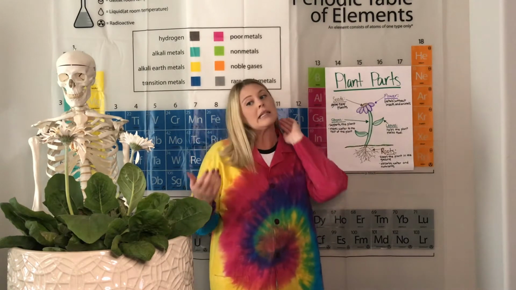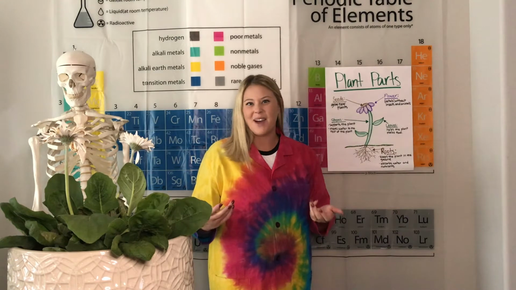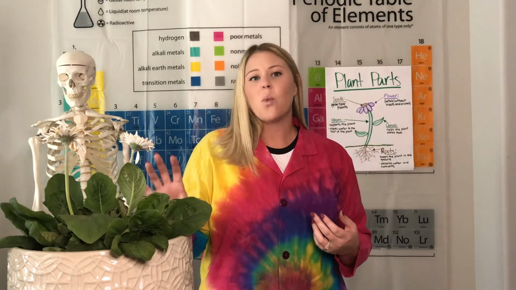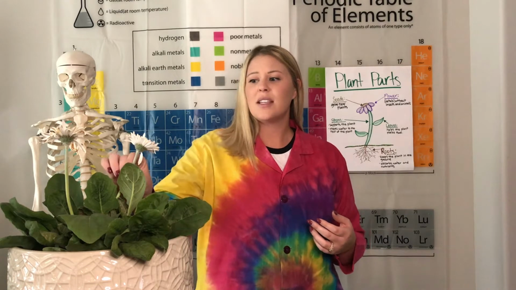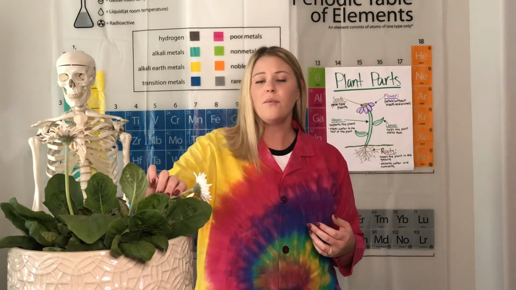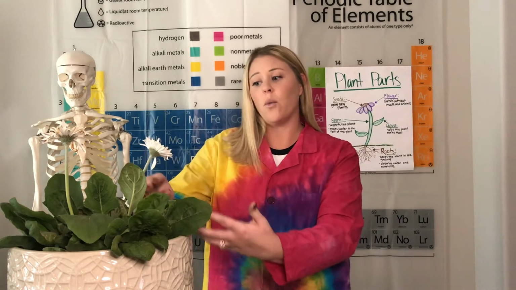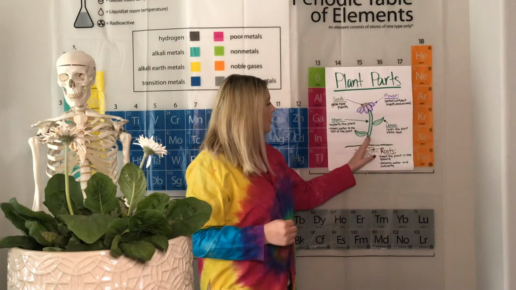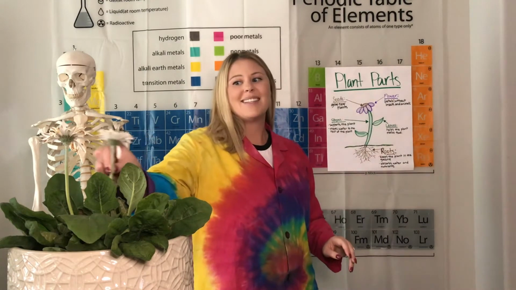Now my plant needs a little bit of water, which is actually why we're using it today to learn about it. But if the plant needs water really bad, you start to see that stems start to droop and they start to fall over. And then once you give the water to the plant and the roots absorb that water, the water goes up through the plant and the stem stands back up.